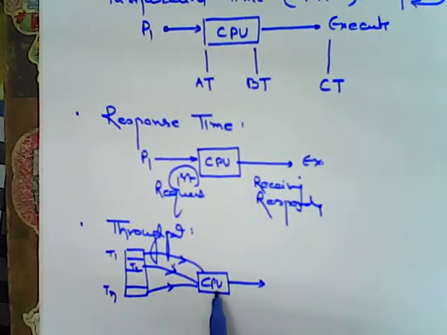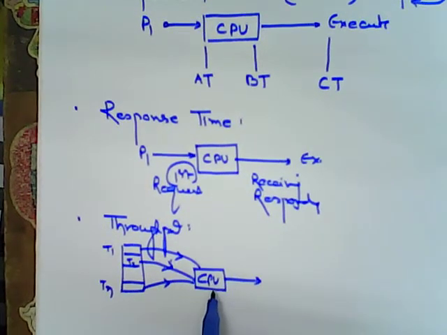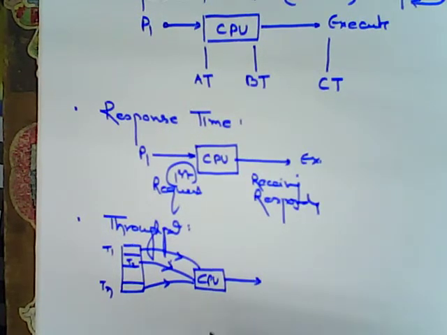There we measure what is the capacity, or what is the potential, or how many processes the CPU is able to execute in a given period of time, that is termed as throughput.